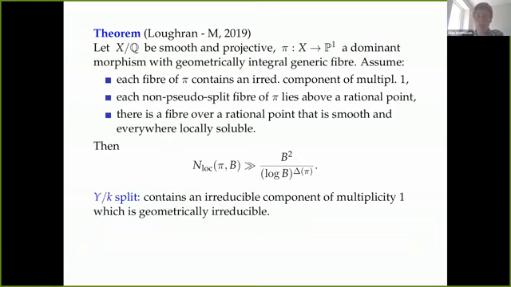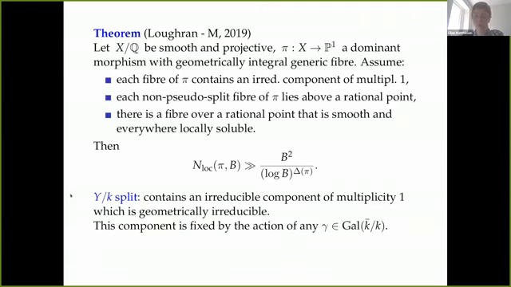Non-pseudo-split. The notion of splitness means that there is an irreducible component of multiplicity 1, which is geometrically irreducible. Such a component is fixed by the action of all elements of the absolute Galois group.